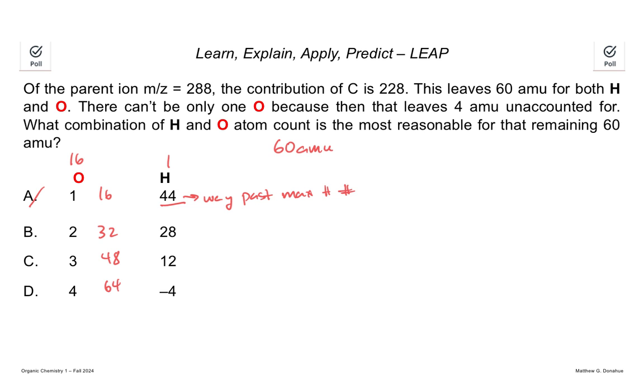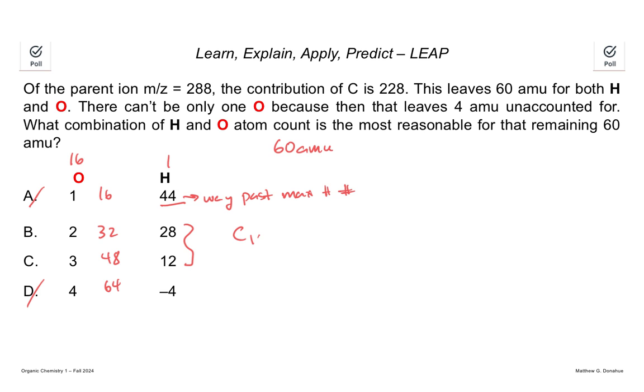For 2 oxygens, we would then get 28 hydrogens. 3 oxygens, we would get 12 hydrogens, and then D has to be wrong because we would end up with a negative amount of hydrogens, because that's 64. That's already past the 60 we're trying to figure out. So really we're left with 2 choices.